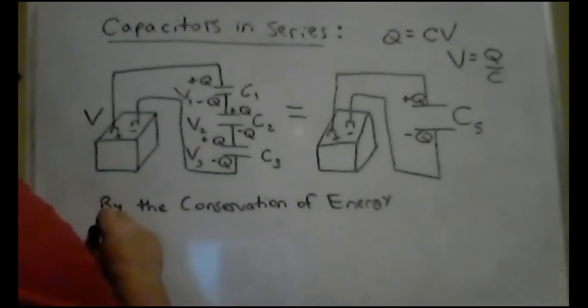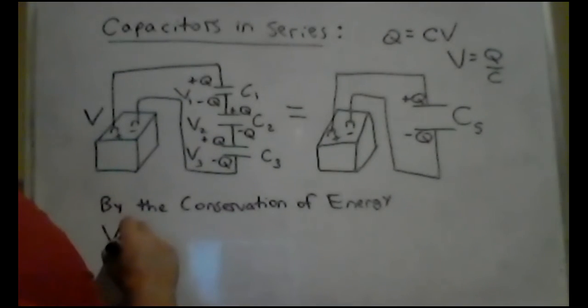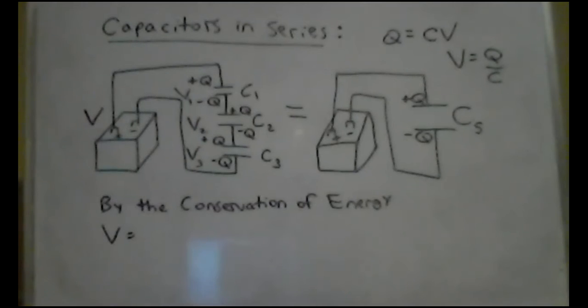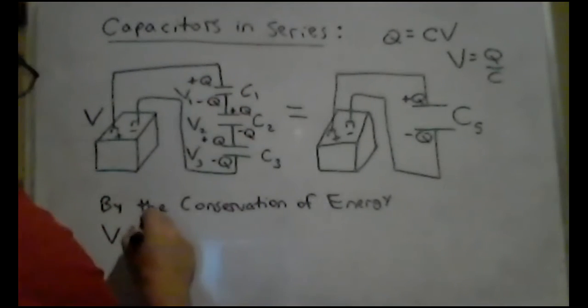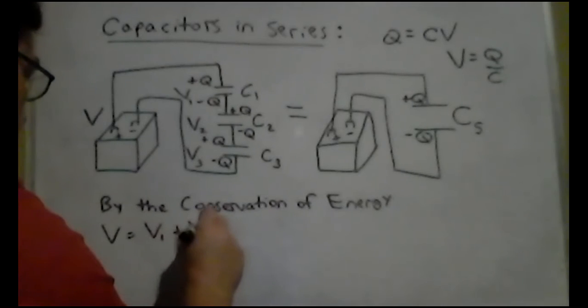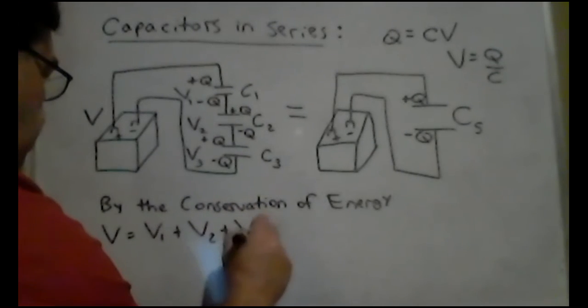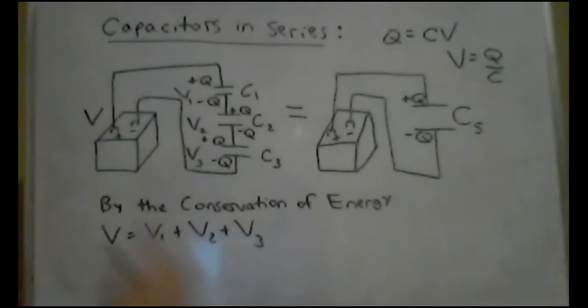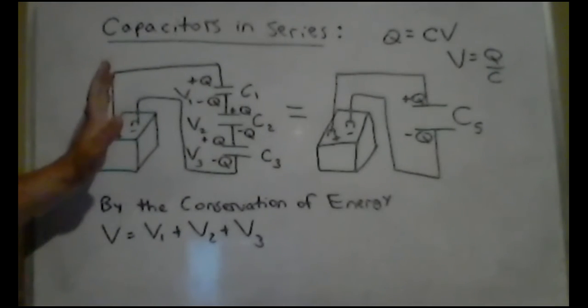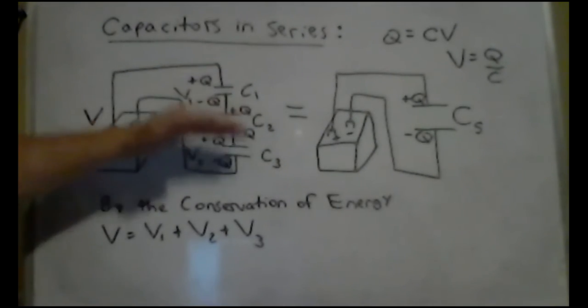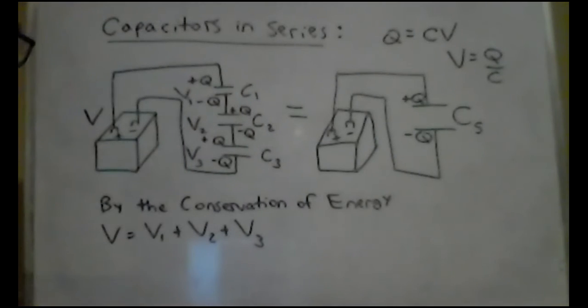So by the conservation of energy, V, the potential across the battery, has to be the sum of the three potentials, V1 plus V2 plus V3, as you go around the circuit. You'll get a potential increase from the battery, and a potential drop across each capacitor. By the conservation of energy, this relationship has to hold.